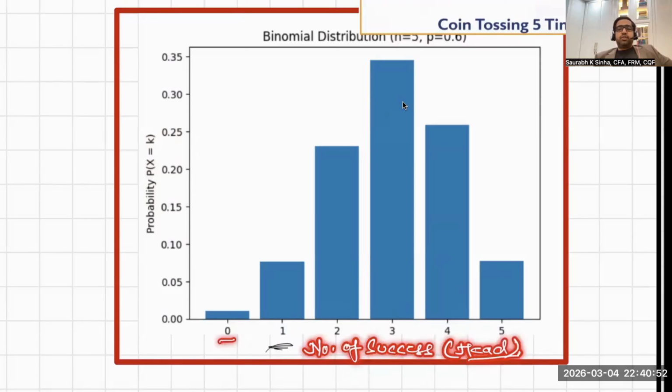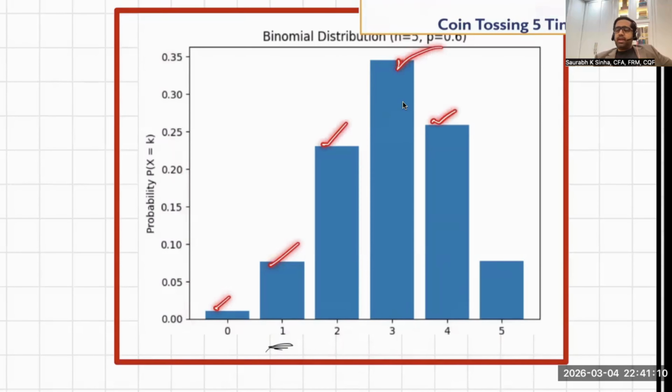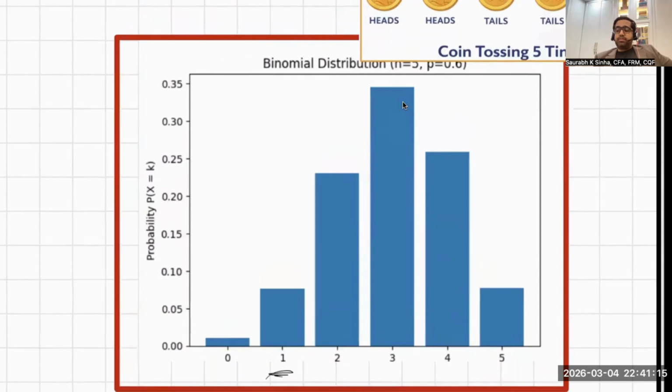What is the possibility of zero successes, as in zero heads in all five tosses? One success, two, three, four, five successes on the x-axis. And on the y-axis, I have probability. I might have calculated the probability in some way, and if I plotted it, that is my binomial distribution.